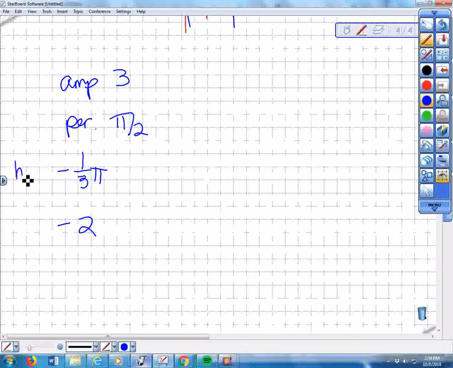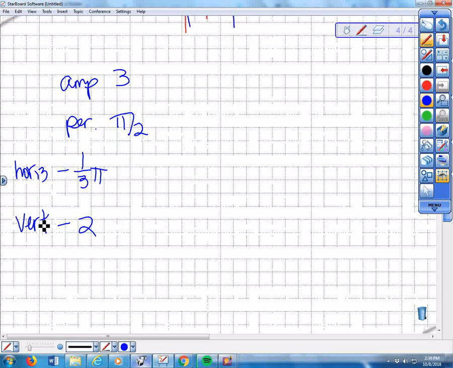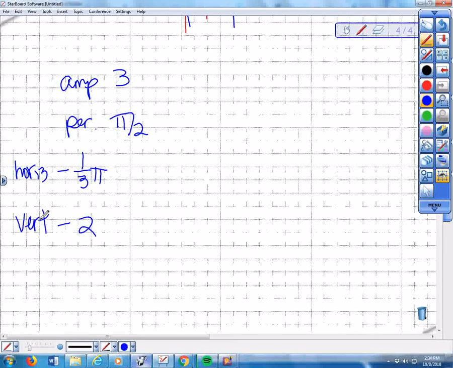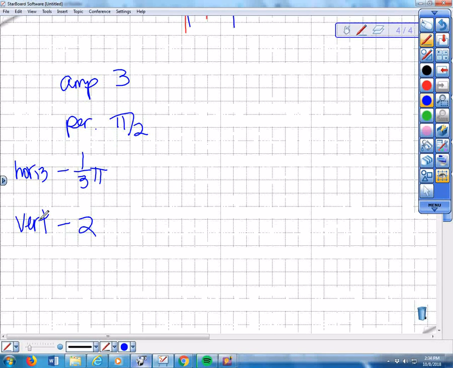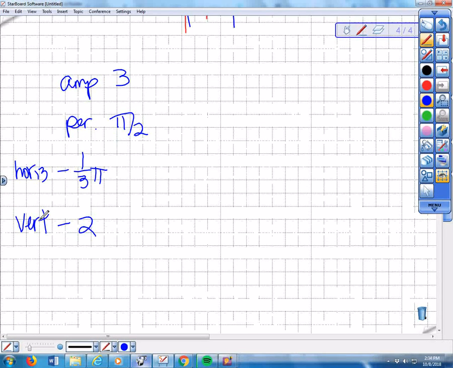So this is horizontal, this is vertical, this is period. Write a sine function. What do you think? 3 sine.